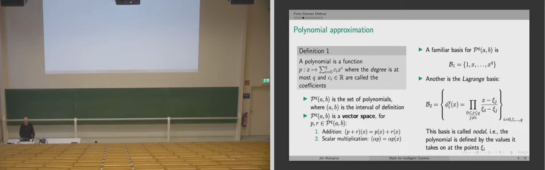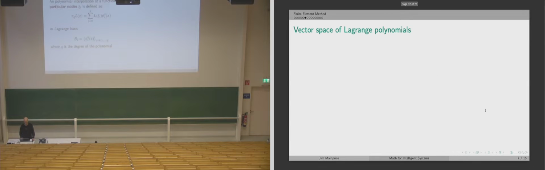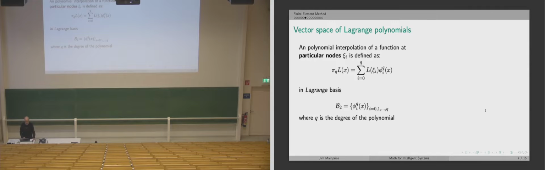So let's see the vector space of Lagrange polynomials. Given that particular Lagrange basis B2, we can define a polynomial as the linear combination of the basis functions and the value that the polynomial takes at each nodal point.